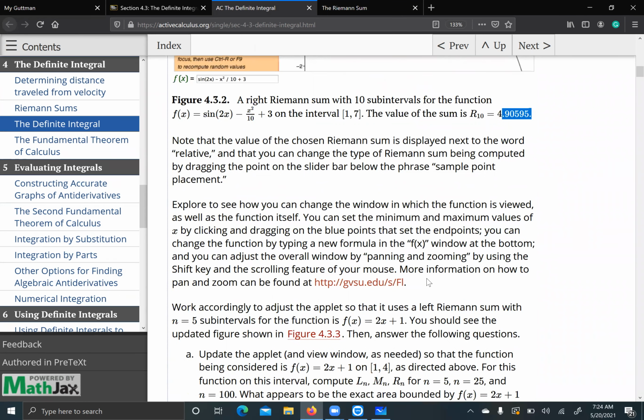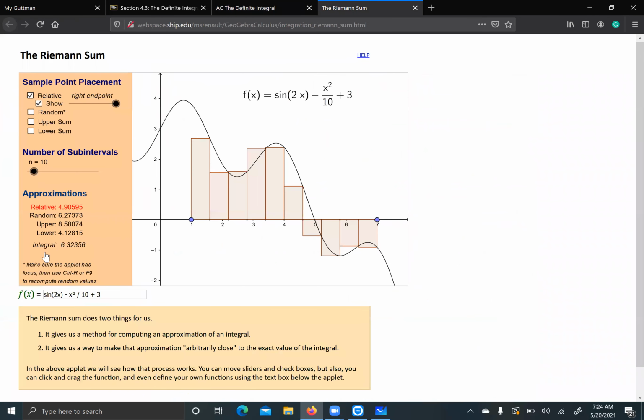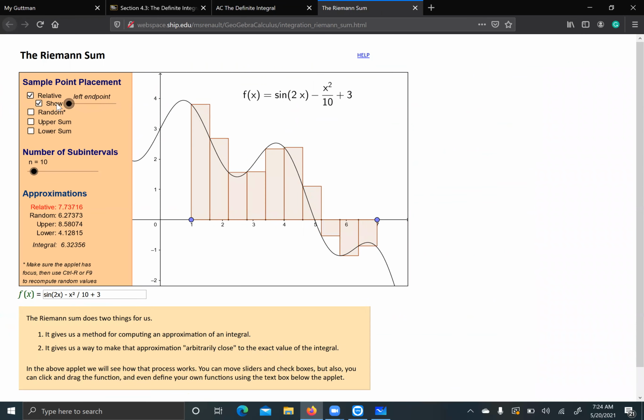If you need to refresh your mind of what is what, here it describes exactly each feature. It depends on what you want to do. If you want to get a left Riemann sum, you put the slider on left endpoint. You want a right, you put right endpoint. You want a midpoint, you put it on midpoint.